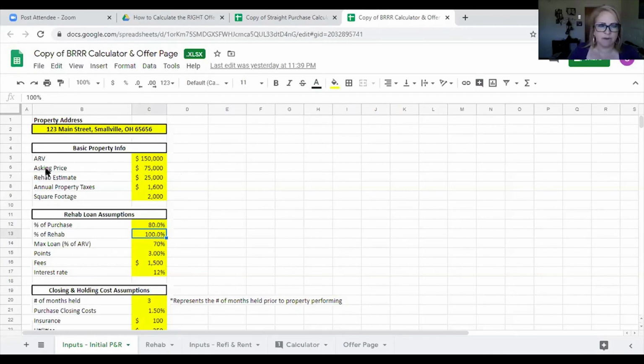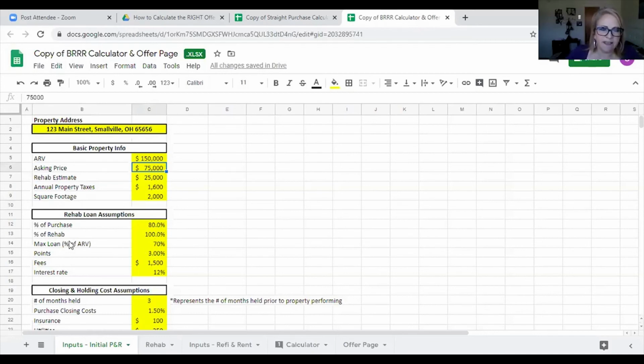This is the asking price, though it should probably say purchase price. Oh no, it is actually asking price because I put purchase price somewhere else. But let's say the asking price and the purchase price are the same. So it's taking 80% of the 75,000 and 100% of the 25,000 to calculate what the loan amount will be. I'll show you where that comes out.